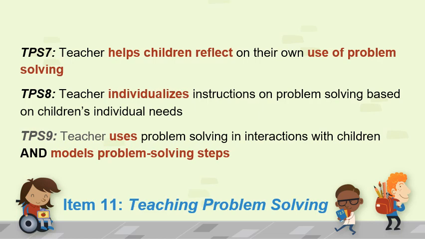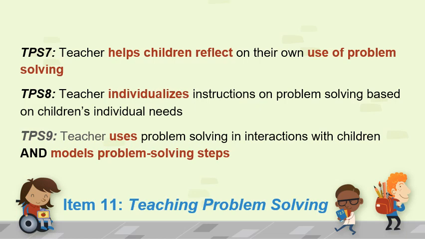TPS 9. Teacher uses problem solving in interactions with children and models problem solving steps. Demonstrate at least two of the problem solving steps. I have a problem. This is what I'm going to do to solve it. Now I'm going to do it. The teacher does the solution for the child to see.